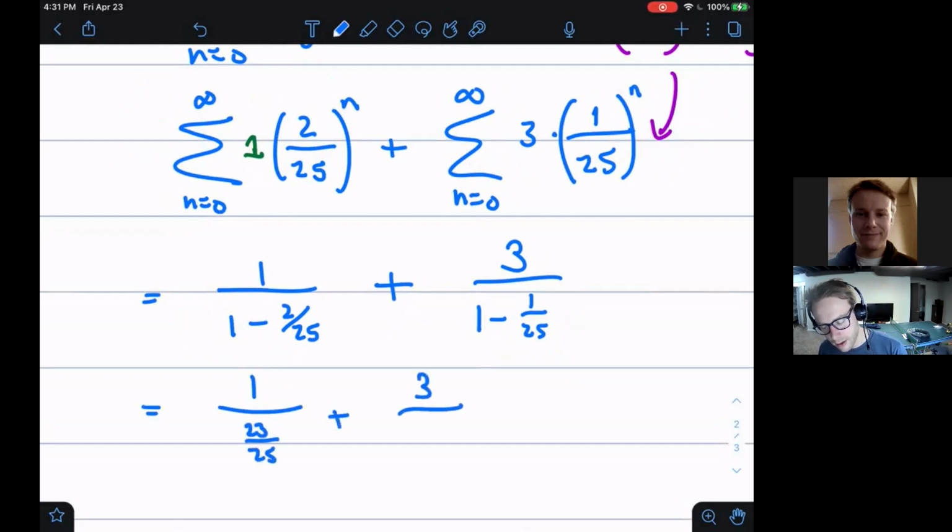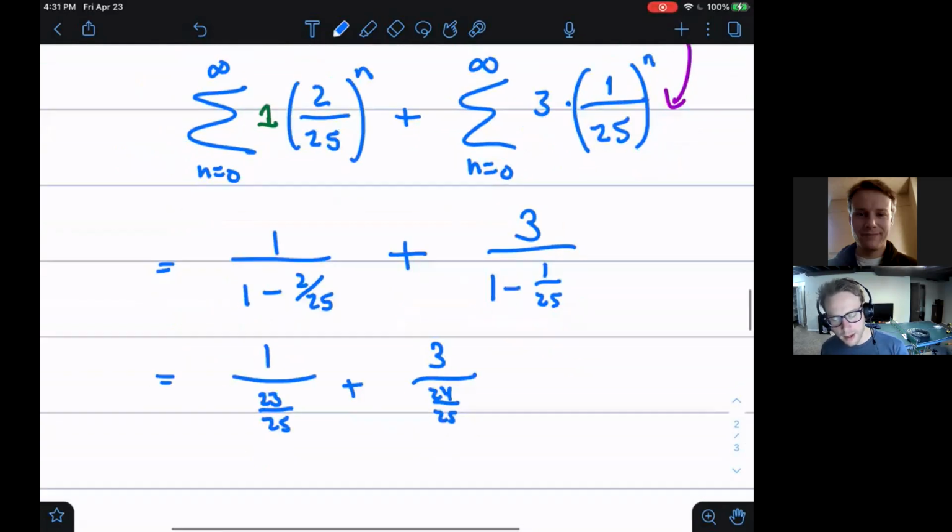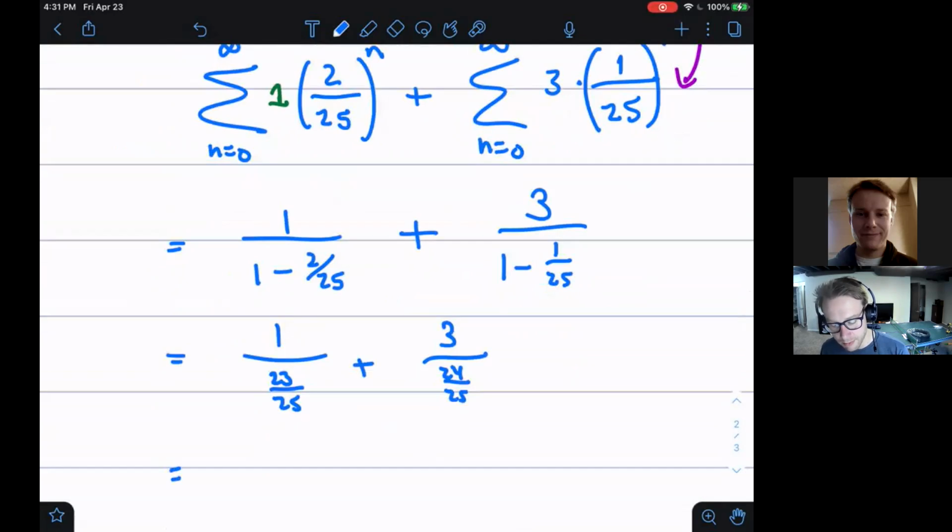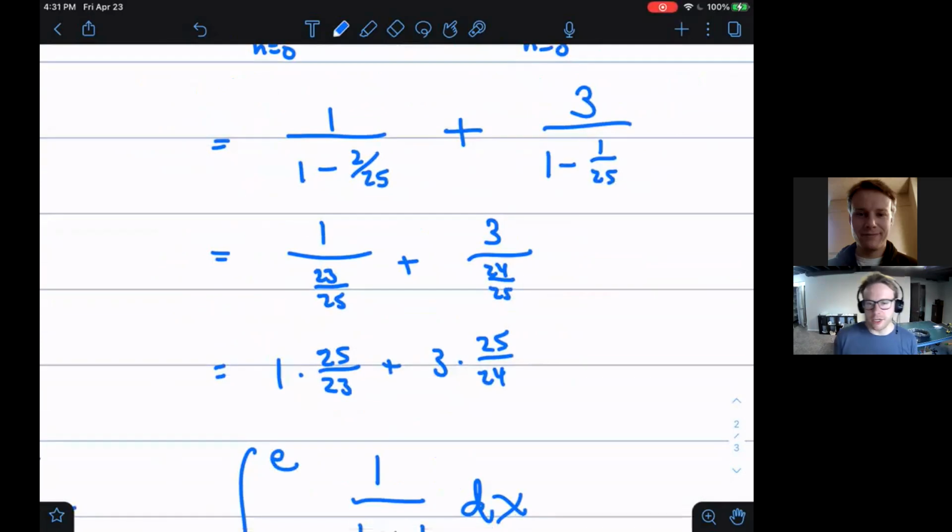And here, 1 minus 1 25th, you'd have 24 25ths left over. When you divide by fractions, that's the same thing as multiplying by the reciprocal. So you could do 25 divided by 23, and you could do 25 divided by 24. Maybe this would be a little bit easier to plug into your calculator. So this is probably where I'll leave it.